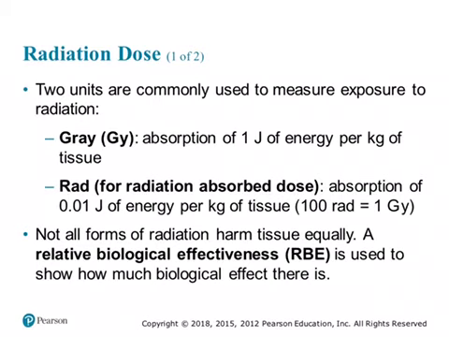Now, I'm sure it should make sense to you that not all forms of radiation harm tissue equally. So then we have to look at something called relative biological effectiveness to determine how much biological effect there is, A, depending on the tissue, and B, depending on the source of radiation.